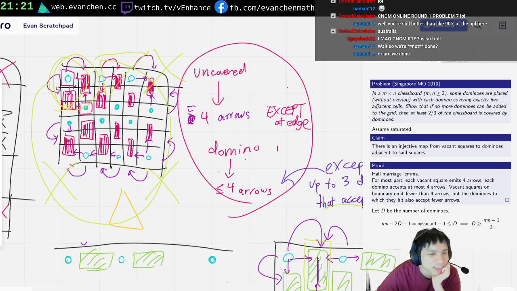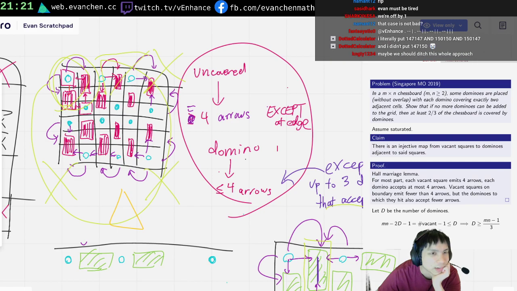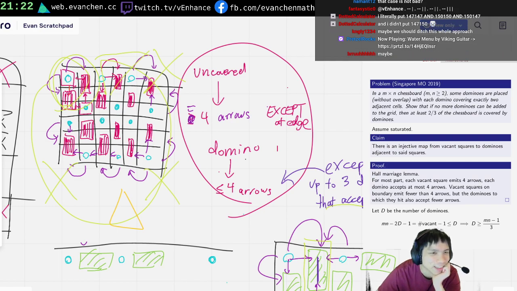Because the stronger thing is true, I feel I should be able to force it, but I can't. That case is not bad. Honestly, I think the correct thing to do is ditch it, but I'm so annoyed that it's not working.